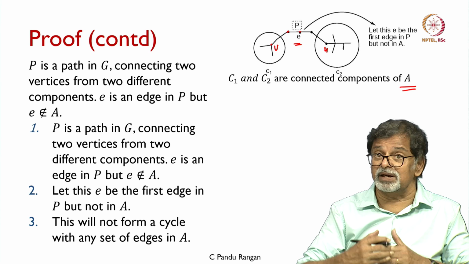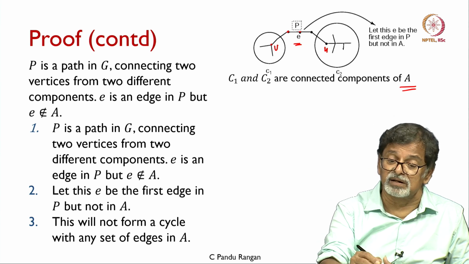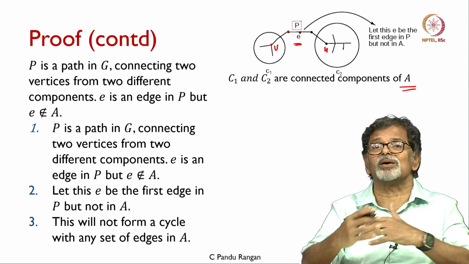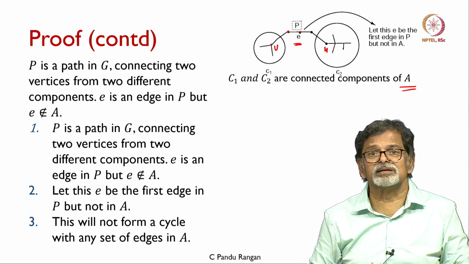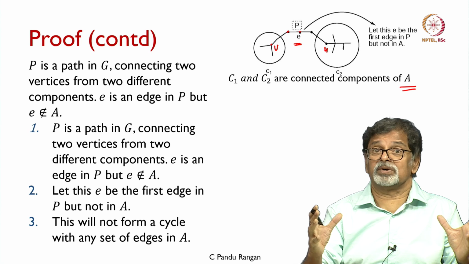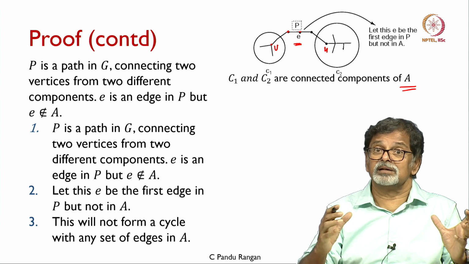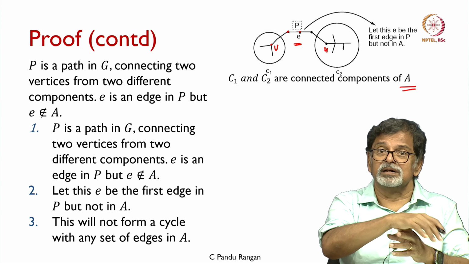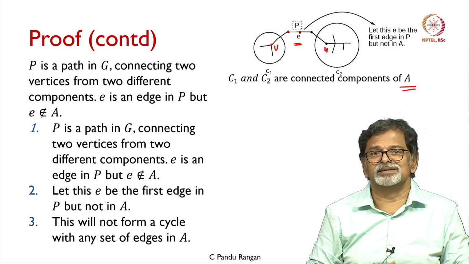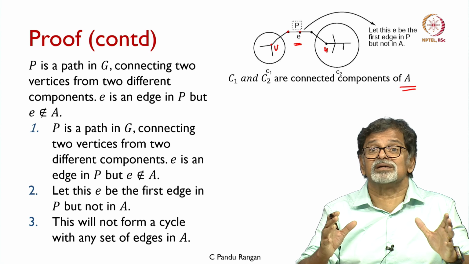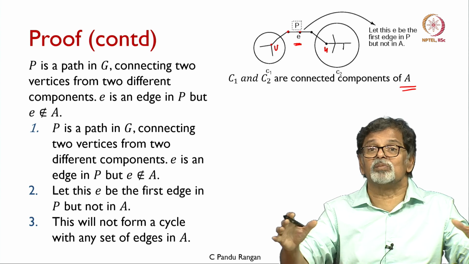That means E would be in A, but here we are taking E outside A. This is a contradiction. So if A has different components, then there will be an edge which the algorithm would have included but is not shown in A. This is a contradiction. Therefore, A cannot contain several components.